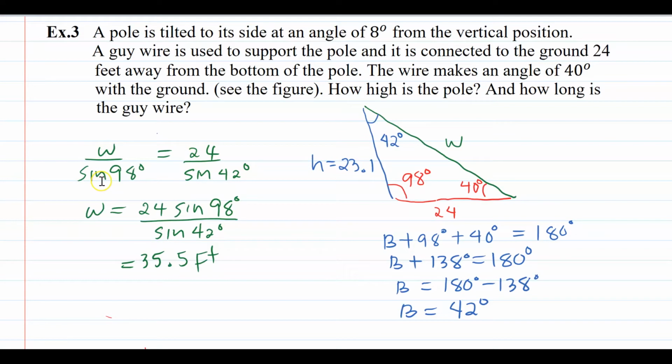And again, cross multiplying sine of 98 degrees, we have W equals 24 times sine of 98 degrees divided by sine of 42 degrees. W is equal to 35.5 feet. So therefore, the height of the pole is 23.1 feet and the length of the guy wire is 35.5 feet.